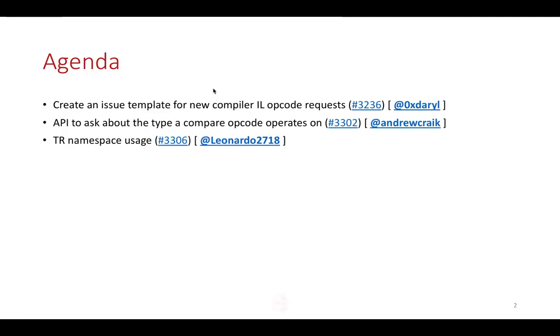Okay, so let's move on to the next one. It's a proposal from Andrew Craik in issue number 3302 to talk about creating a new kind of API for a comparator node. So I'll turn the discussion over to him. Yeah, so I think the issue summarizes what I was finding, but the gist of it is the following.